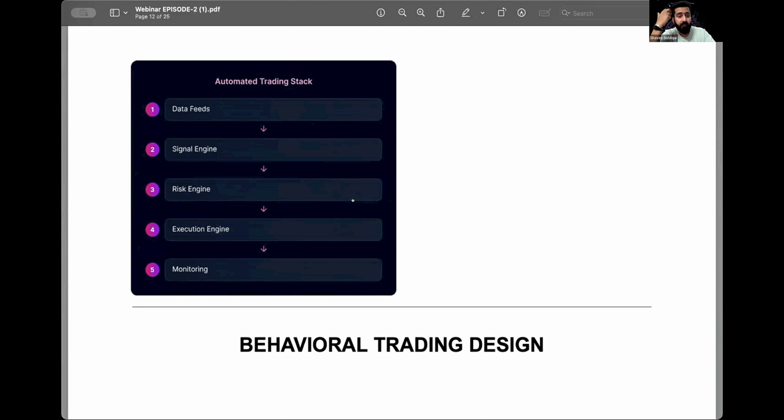Then with this data feeding, there is a signal engine that is associated with the data that is fed in the system. And there at the signal engine, the strategy logic runs.